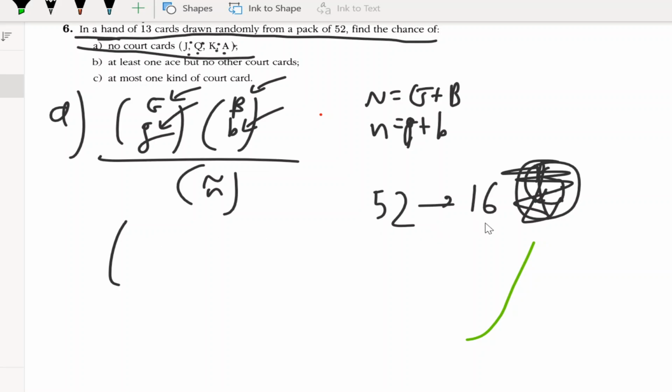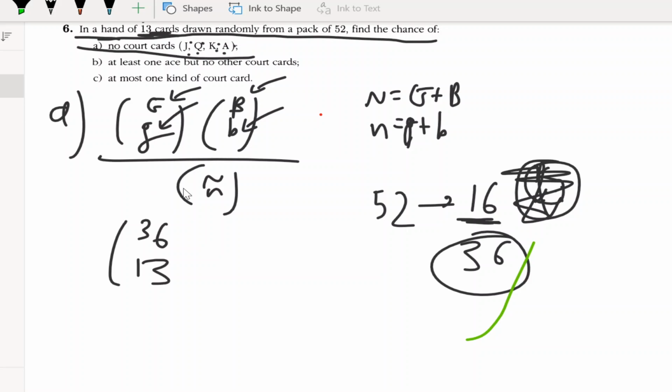So if there are 16 bad cards, where bad is a face card, jack, queen, king, or ace, then we know there are 36 good cards because they are not a jack, queen, king, or an ace. So we'll call big G 36 because there are a total of 36 good cards. Of those 36 good cards, we want to draw 13 of them because we want to draw 13 cards. We want all of them to be of the good type.